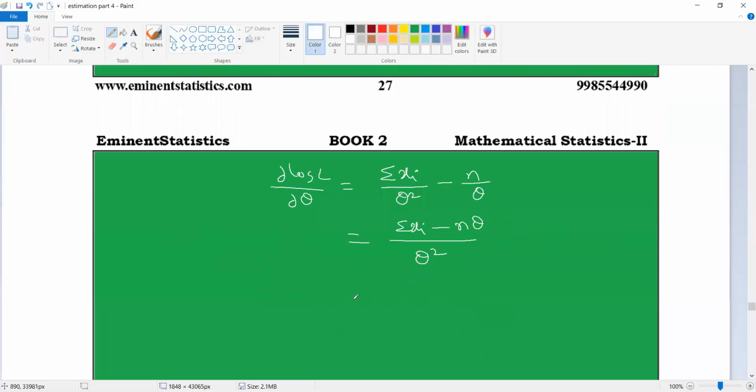Dividing numerator and denominator by n, summation xi by n minus theta, all divided by theta square by n. That is equal to x bar minus theta by theta square by n, which is the same as t minus g of theta by lambda of theta.